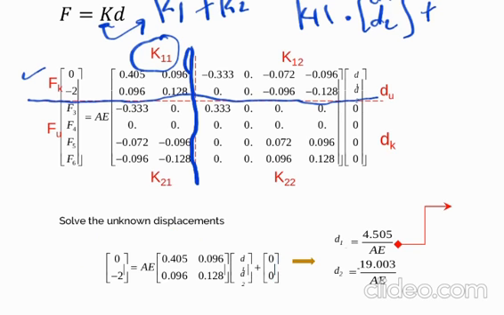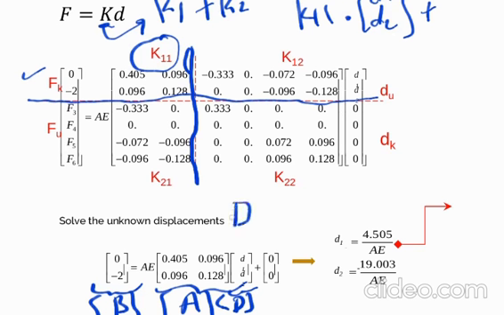How can we solve this matrix to make it easy for you? This is, I call it B matrix, and this is A matrix, and this is D matrix. I want to find D matrix, so it will be like this.